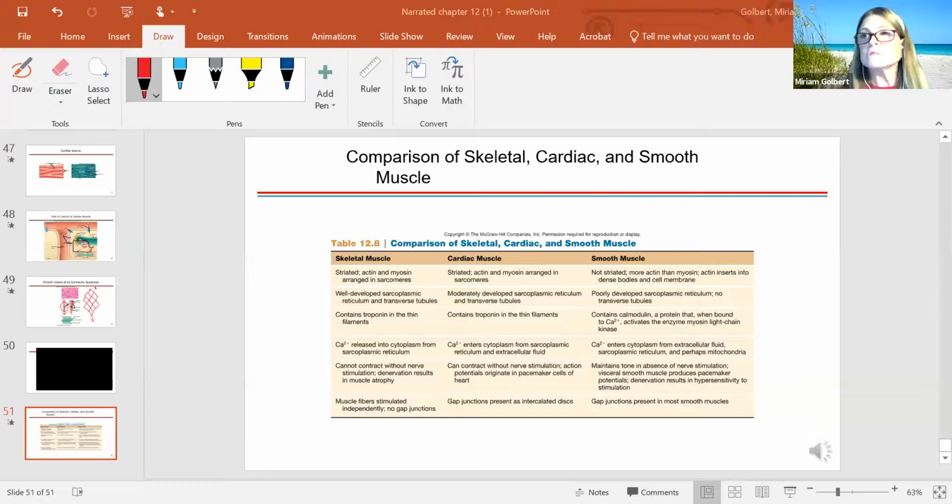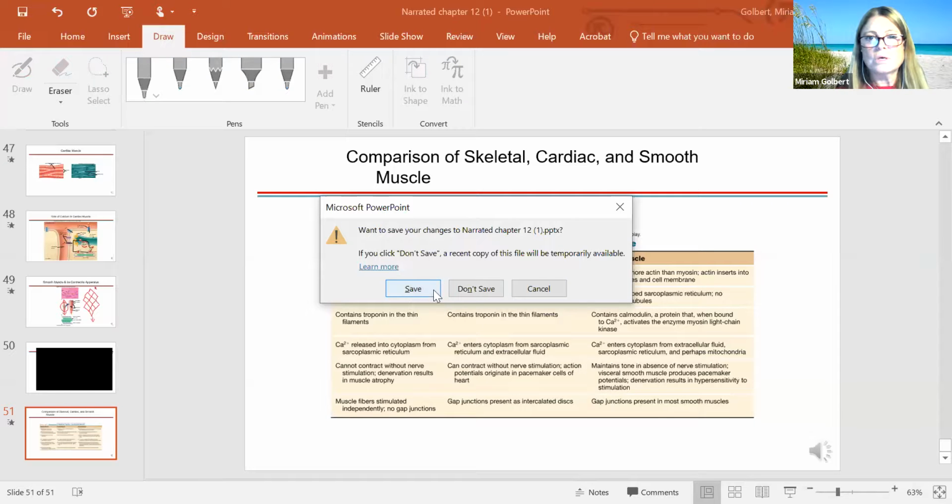So let me just check on. Oh, don't save all my scribbles here. Where's my canvas? I don't think I have it. I just wanted to make sure that we mention what are the chapters that we have to cover for the lab portion of the exam.